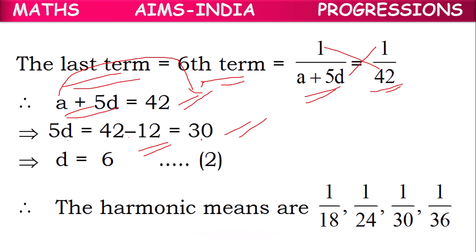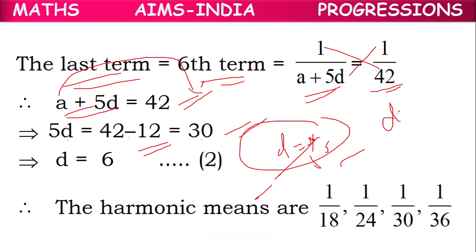So 5d equals 30, and d equals 30 by 5, which is equal to 6.